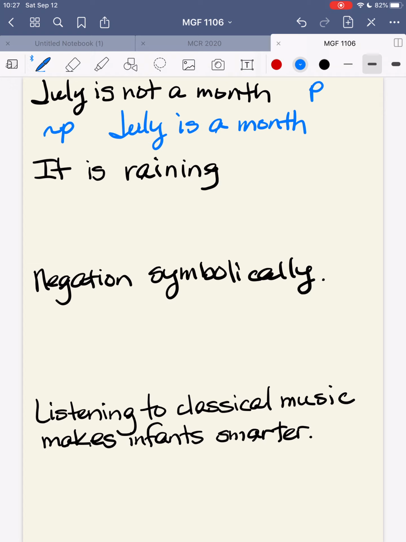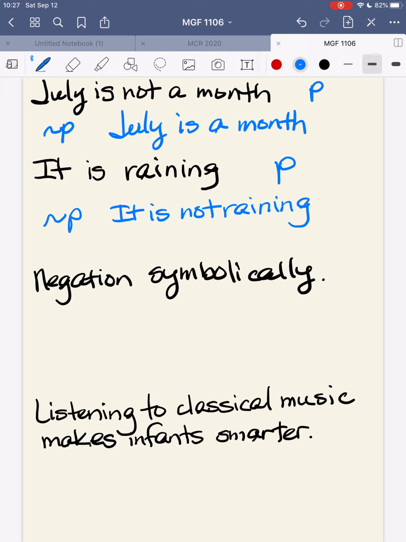If I had another statement that says it is raining, and that's my p, then my not p would be it is not raining. Negation symbolically comes up all the time.